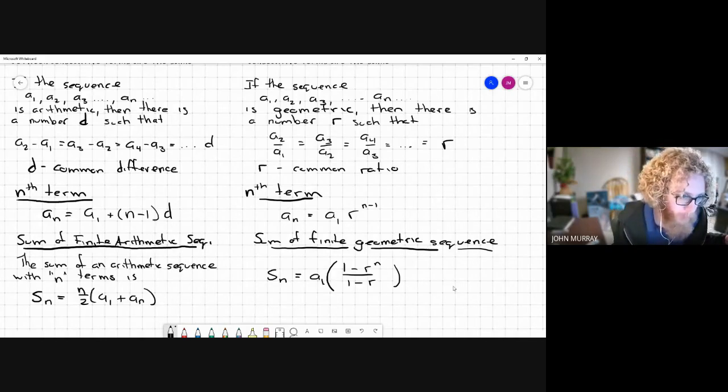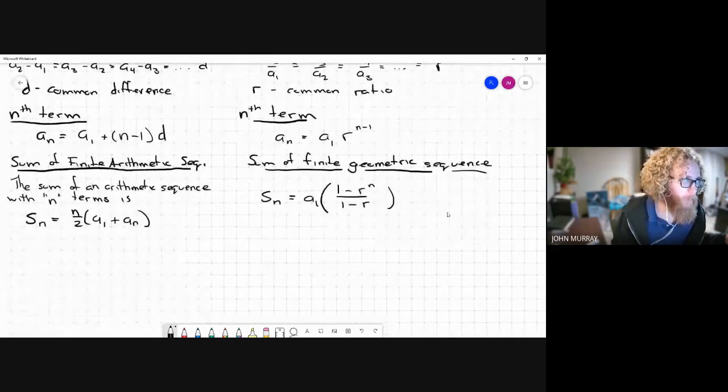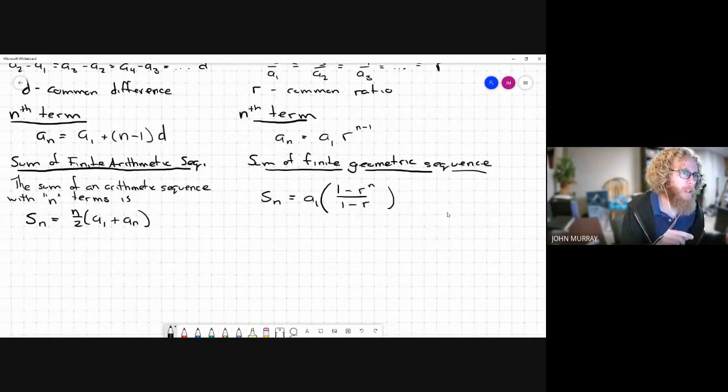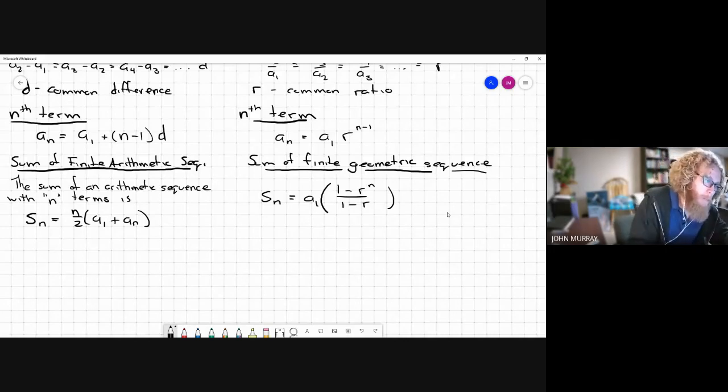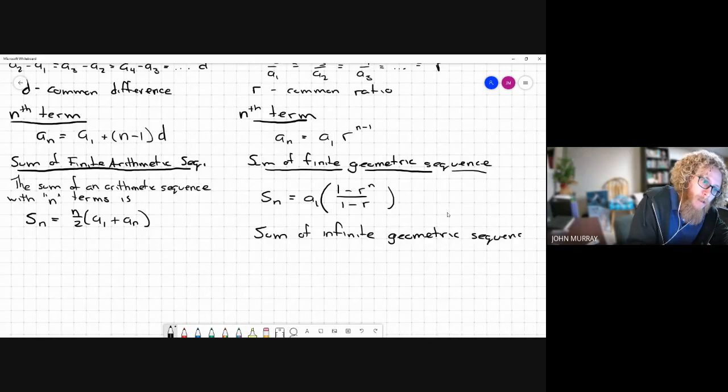Now, what's interesting about geometric sequences is that we can actually find the sum of an infinite geometric sequence.